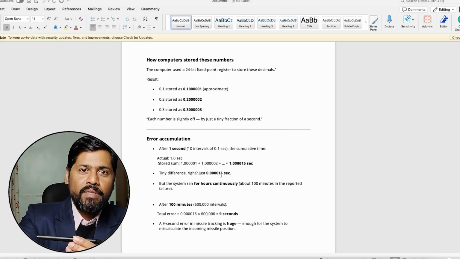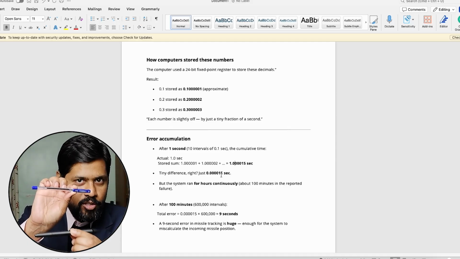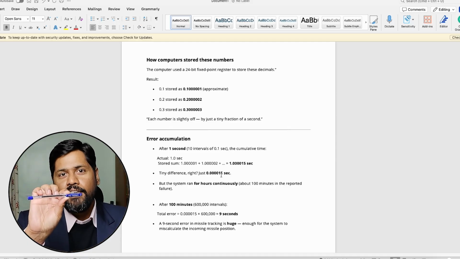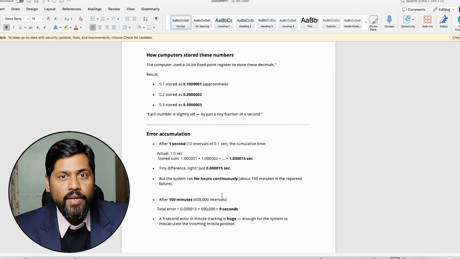So the intercept missile came here rather than here, and this target projectile actually entered the army place and it resulted in casualties. So a good ML engineering practice requires us to have accurate precision, to use only the required number of decimal places rather than having n number of decimal places.